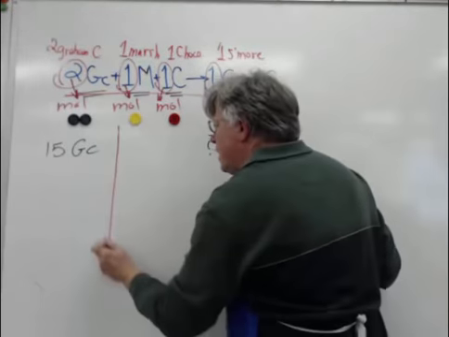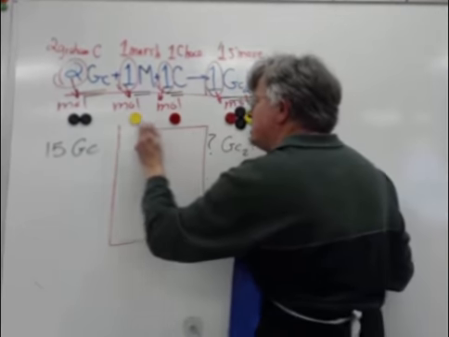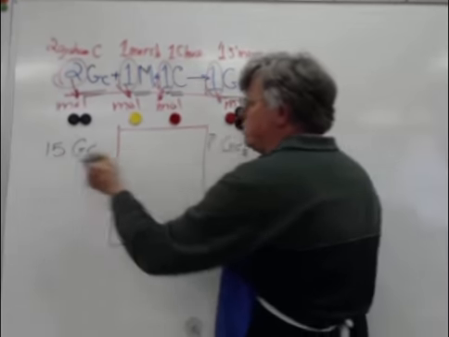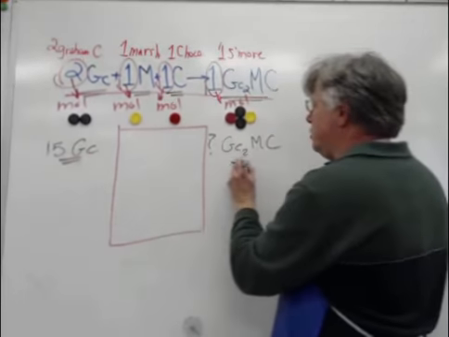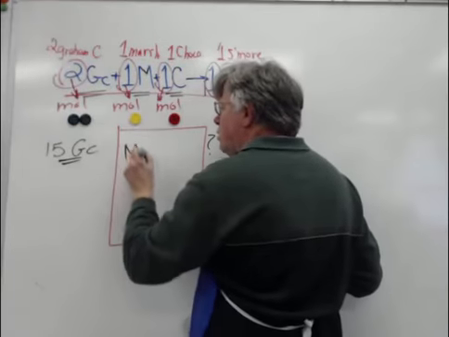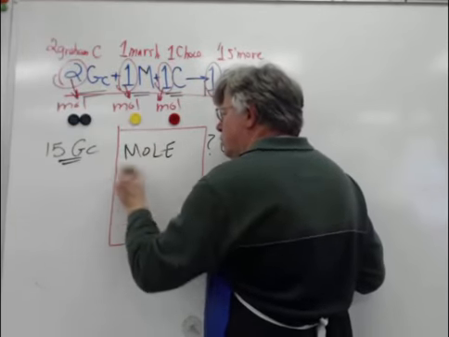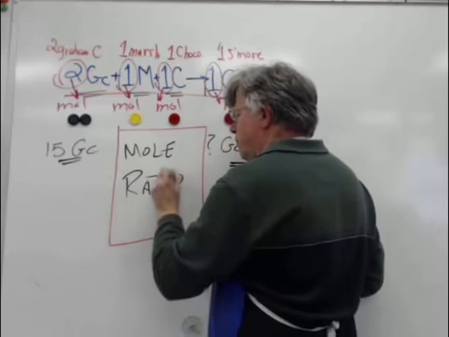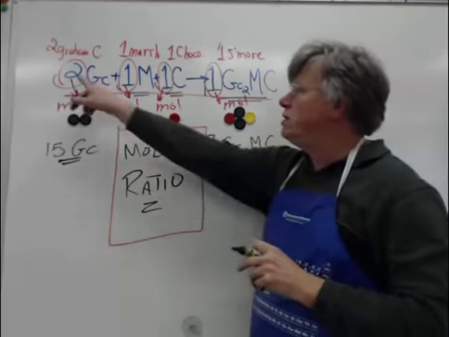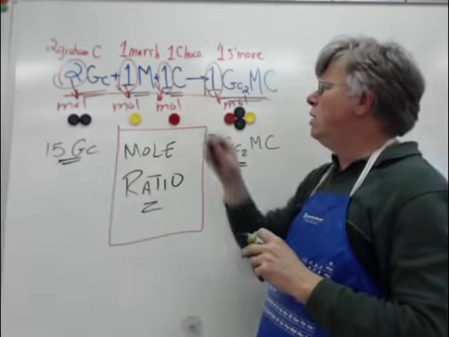Now, the real important step in stoichiometry that starts things out is this middle step that relates one thing to another thing. Now, this step is called the mole ratio. And the mole ratio has to do with these numbers 2, 1, 1, and 1.